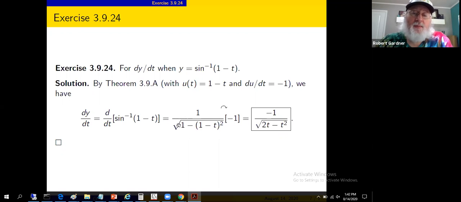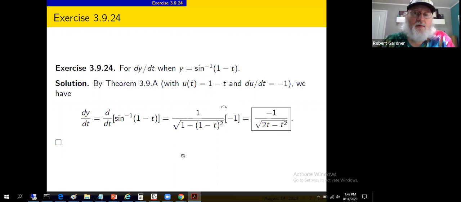The derivative of 1 minus t is negative 1 with respect to t. And if you like, we can clean that up a little bit. As usual, I'm happy with this as the derivative, unless I'm going to do something to it. It was a composition of functions. Apparently, we had to use the chain rule. Yeah, it was the sine inverse function composed with the 1 minus t function.